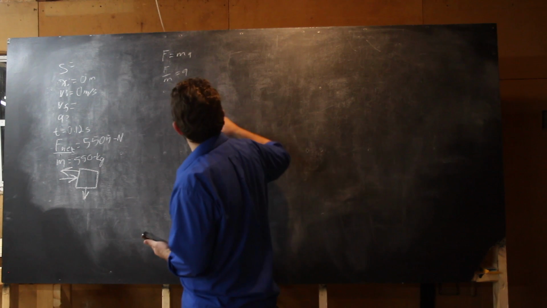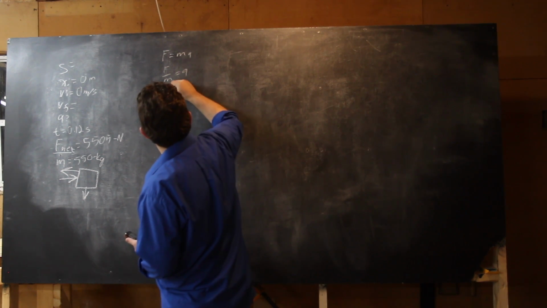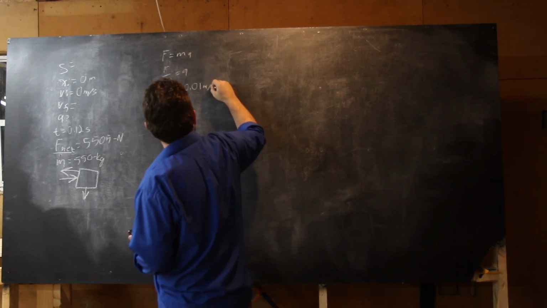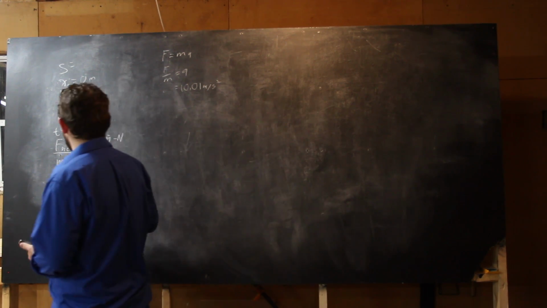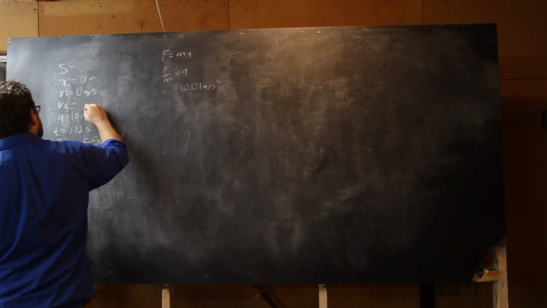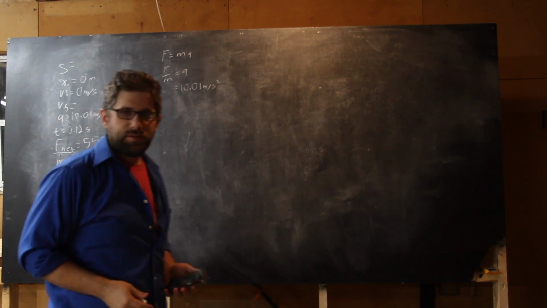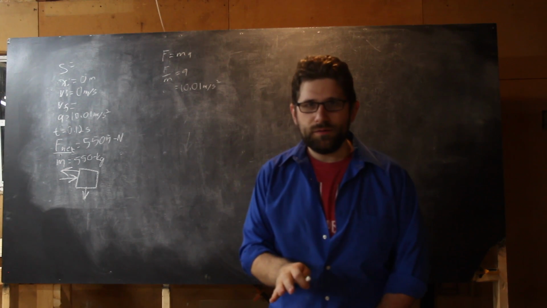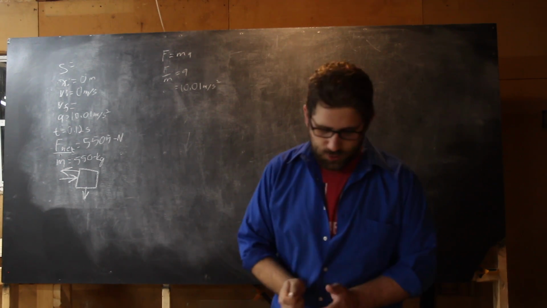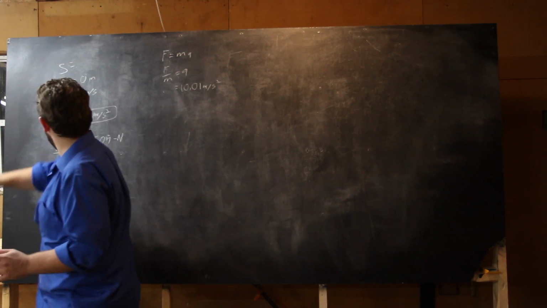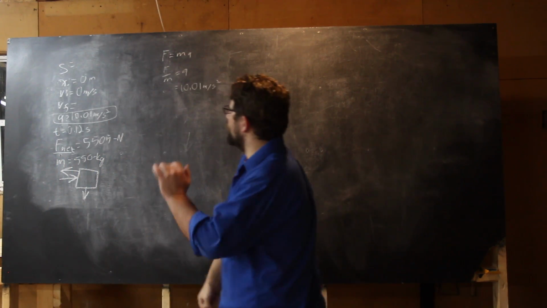That's going to get us 10.01 meters per second squared. We'll go ahead and put that in our variable list. Perfect. All right, everyone still with me? Good. So that is the first part that we're looking for. We'll go ahead and put a box around that so that my instructor doesn't blow a gasket.